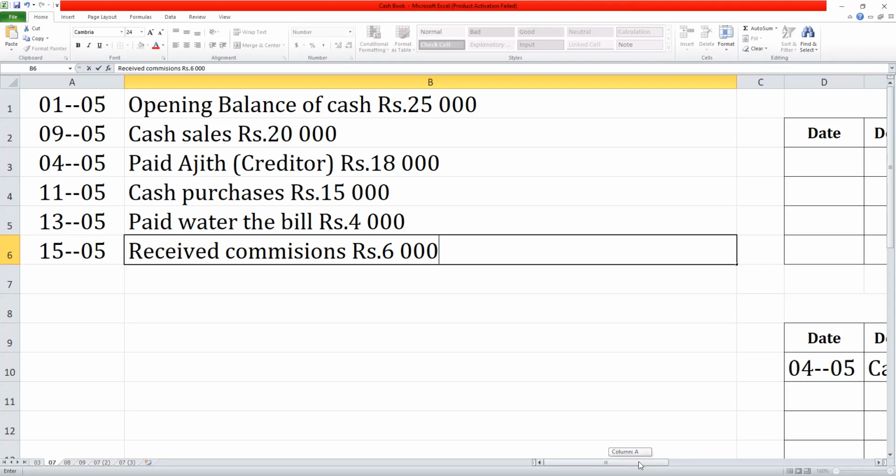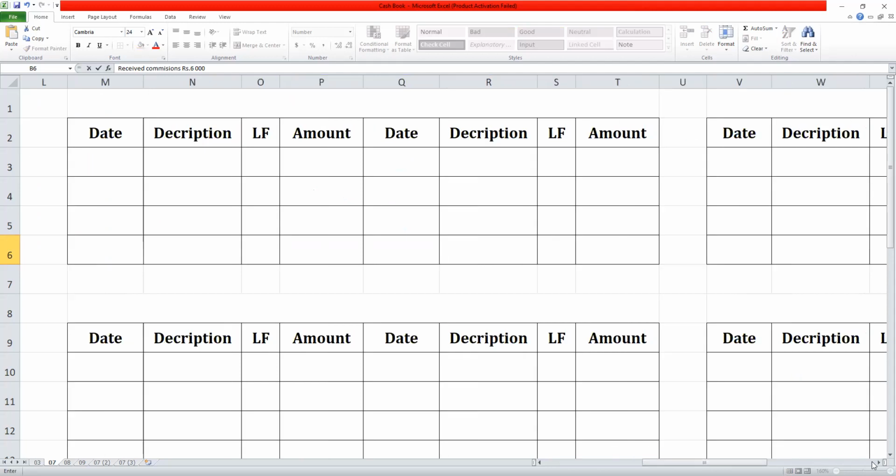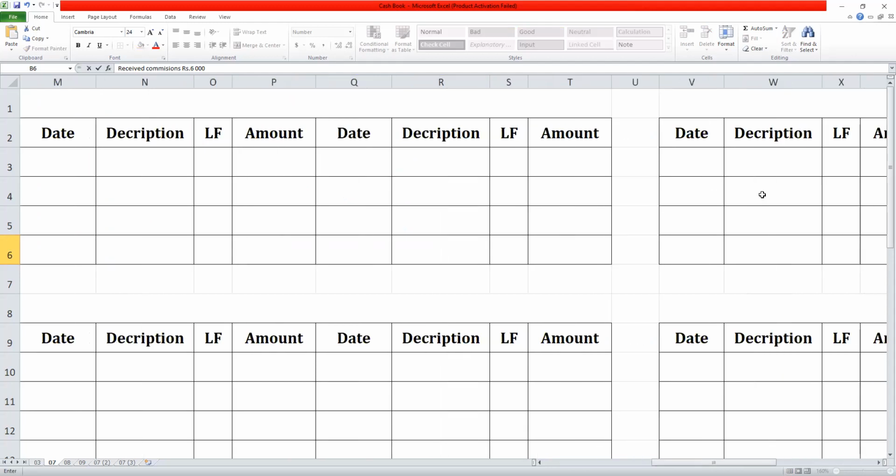So open the next account, and that has to be commissions received. Please note that this is an income account.